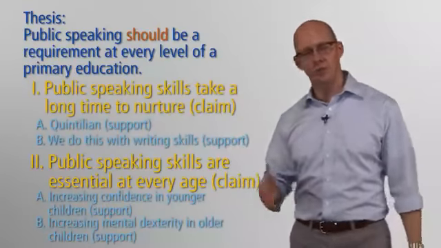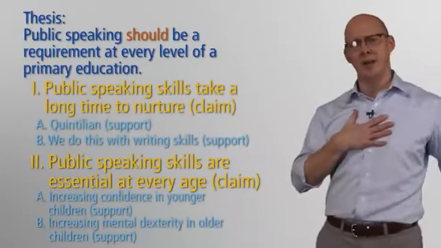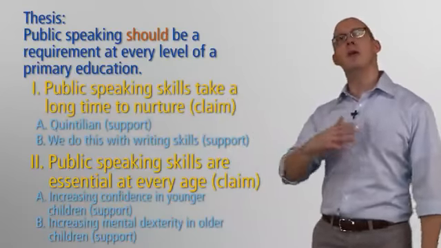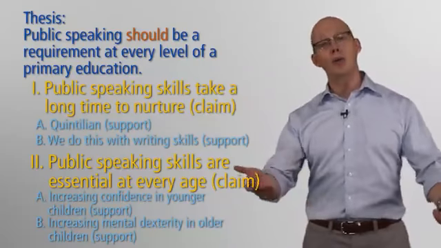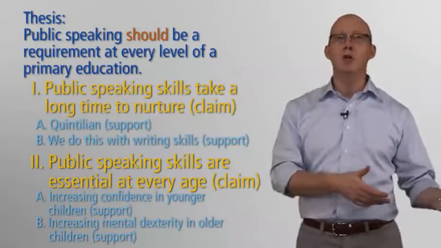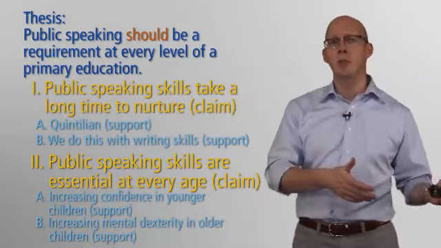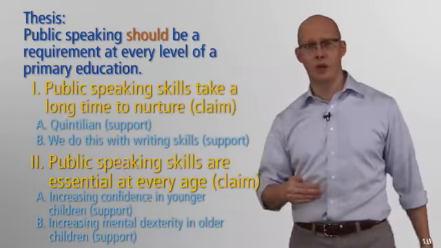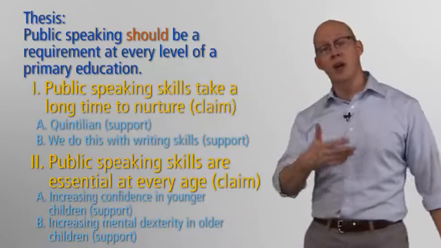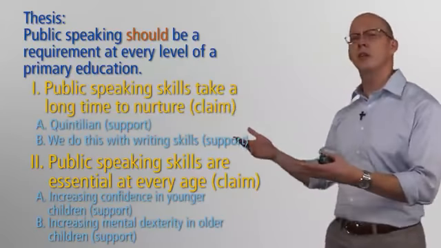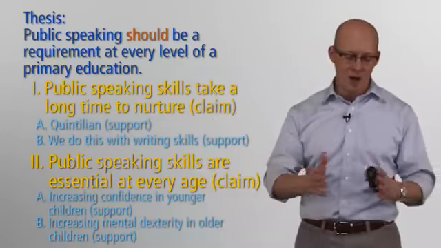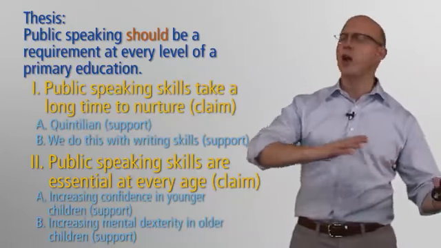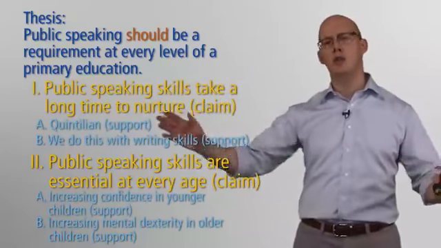Here's another example, a different thesis, one I personally believe: public speaking should be a requirement at every level of primary education. Why would this be? I've got two claims: public speaking skills take a long time to nurture, and public speaking skills are essential at every age. Under the first one, I've got a piece of support, Quintilian. Quintilian was a Roman rhetorician who wrote a book laying out a cradle-to-grave model for speech education.